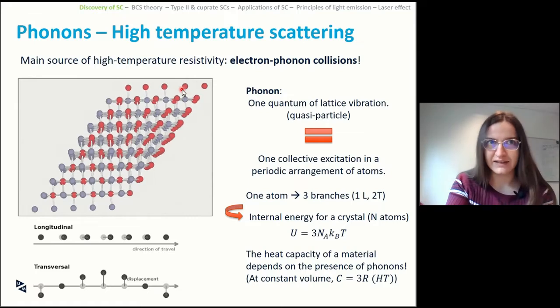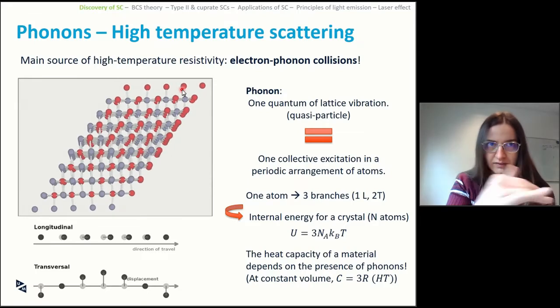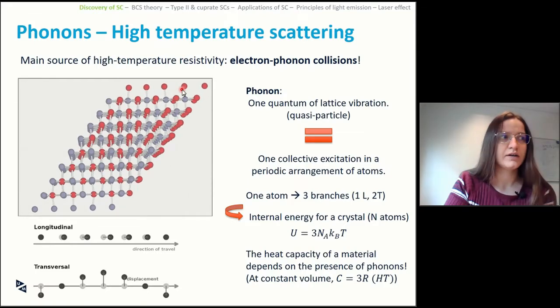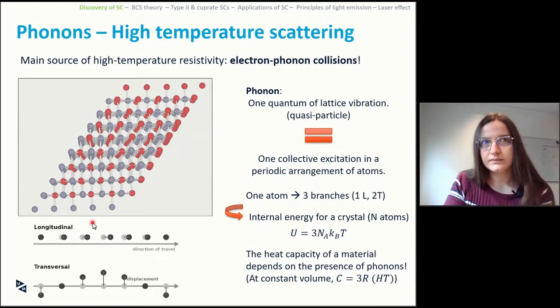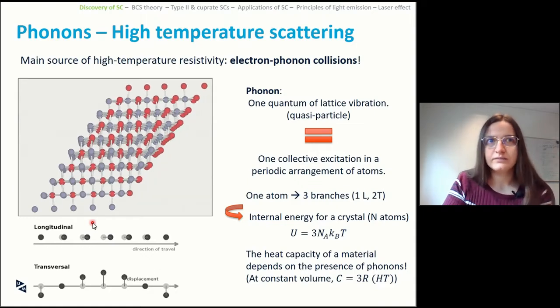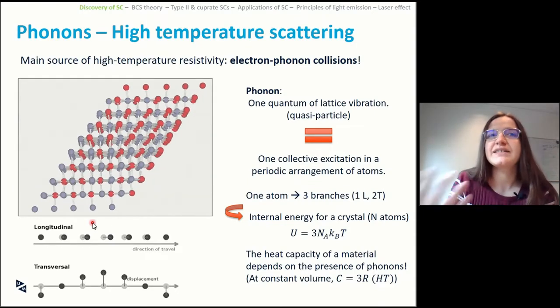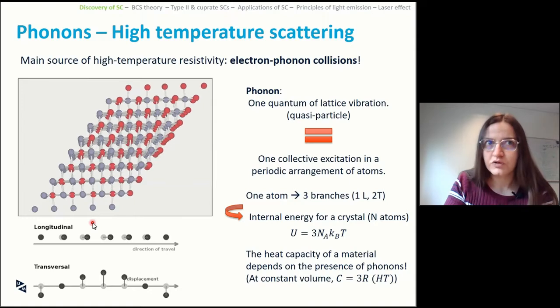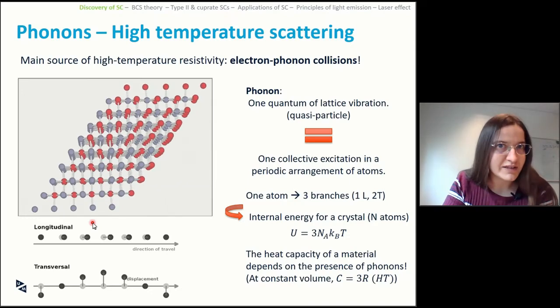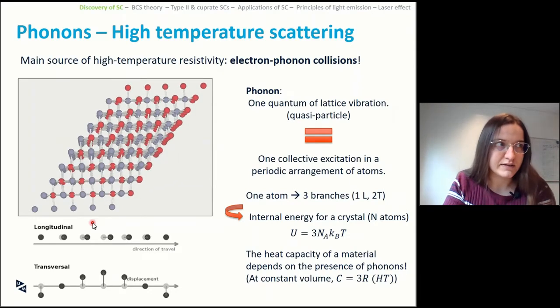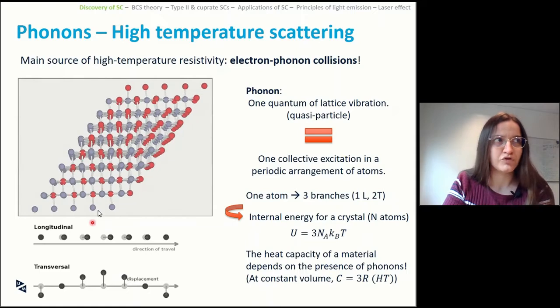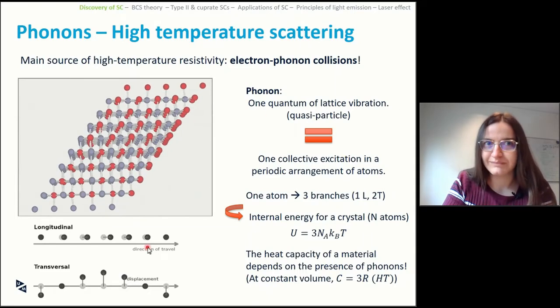If it hits a lattice vibration, that electron is stopped in its track. So that is the reason why you have a high resistivity at higher temperature, because the thing that is giving you the resistivity at high temperature is the fact that your lattice is vibrating. So for high temperature, we're fine.